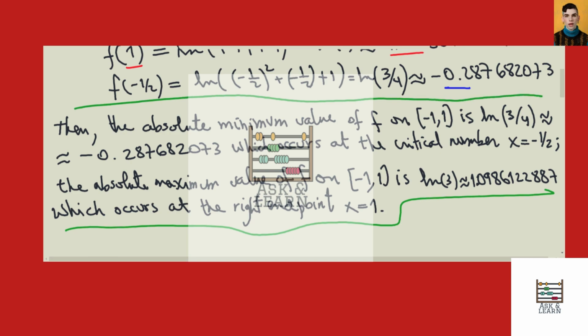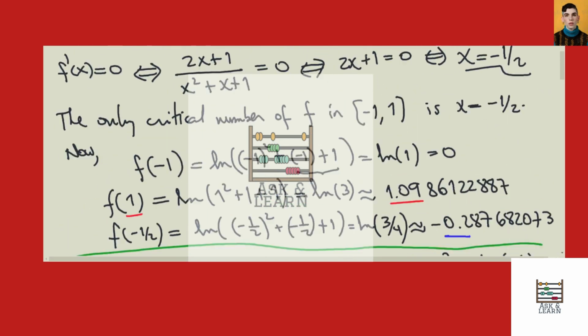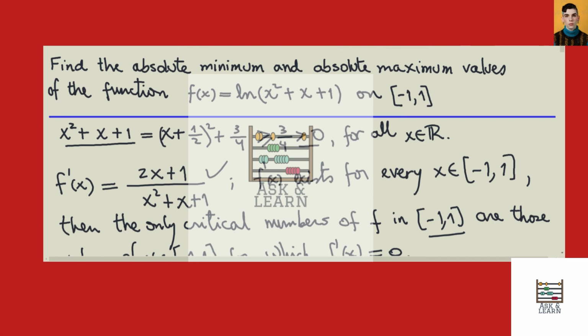As a summary of what we have done, we first verified that the function is well defined and continuous on the given closed interval. For that reason, we know that the function attains its extreme values on that interval.